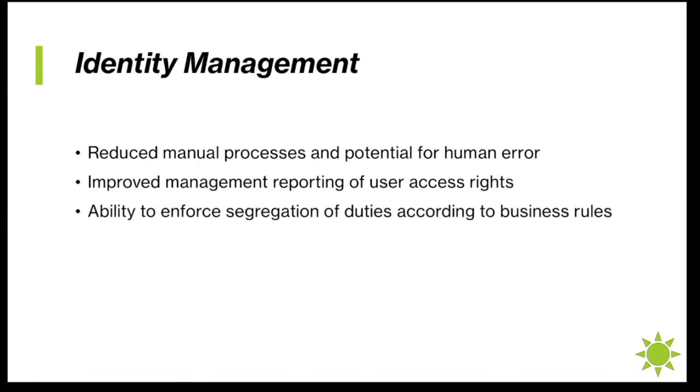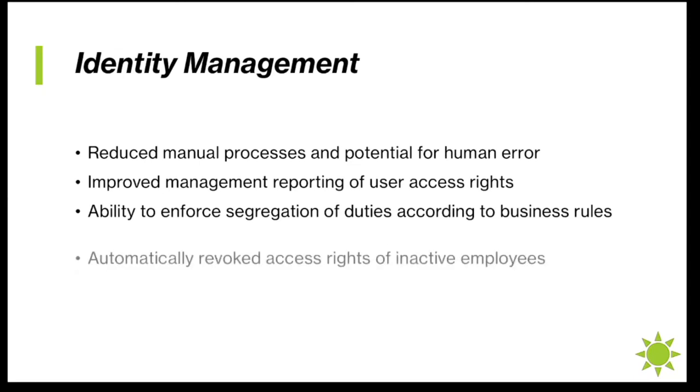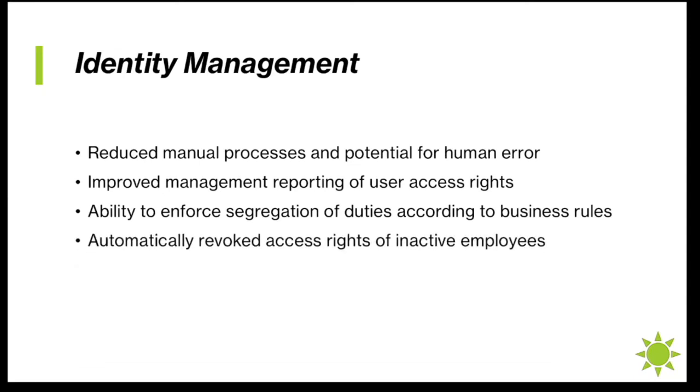There is the ability to enforce segregation of duties according to business rules. Automatically revoke access rights of inactive employees, and keep an audit trail of requests and approvals. Integrating these systems with a common identity management program can be costly and time consuming.